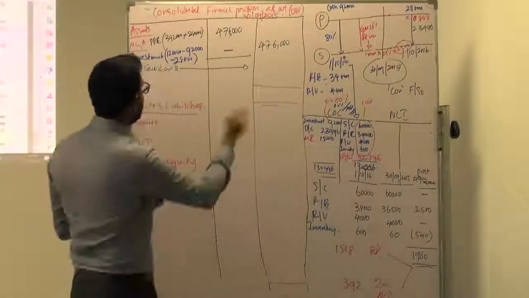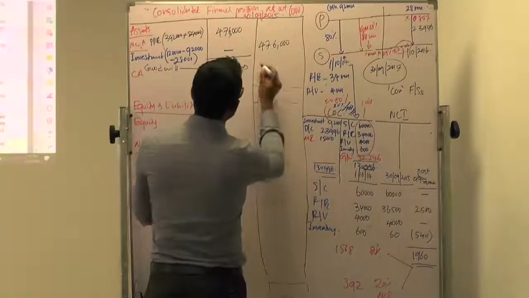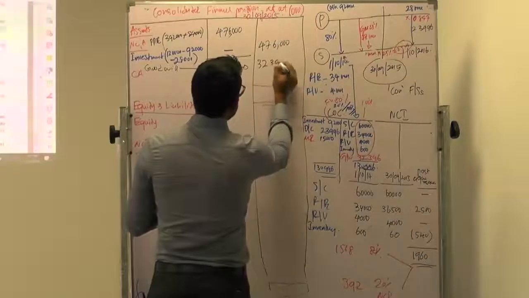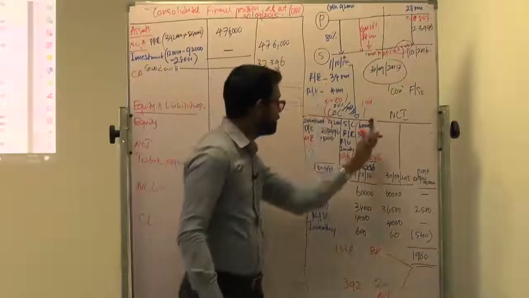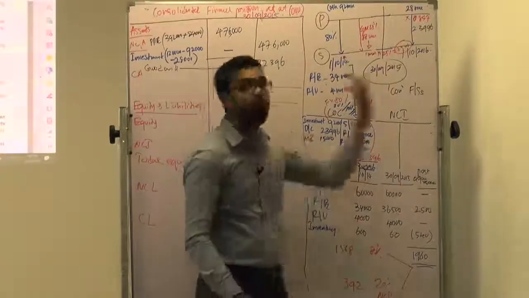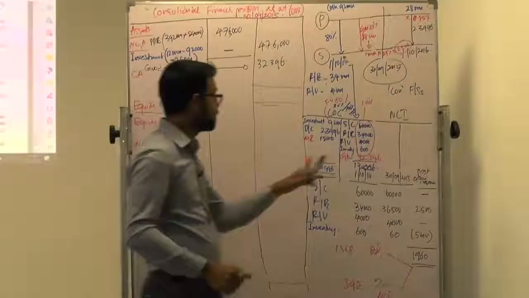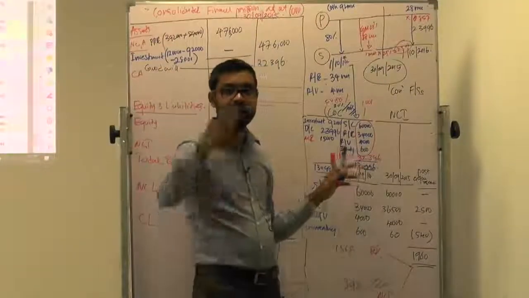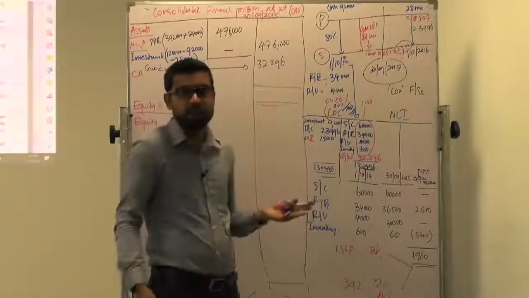Credit here, debit here. Goodwill 32,396. You have paid this much to acquire this much of share reserves, which means you have paid more. You have paid more means you have paid for goodwill, the good name.